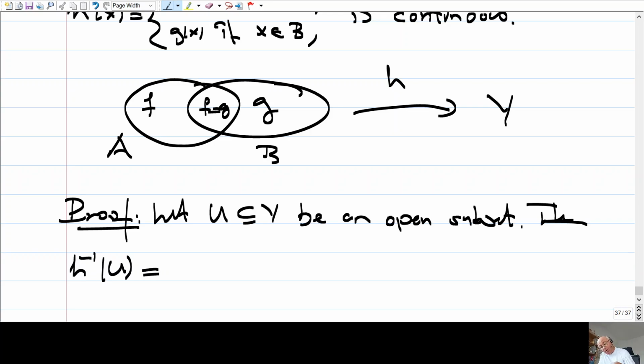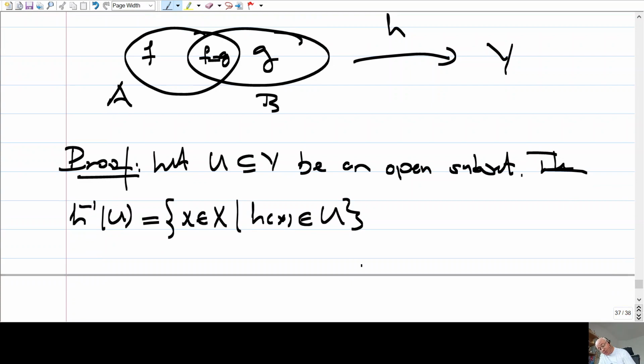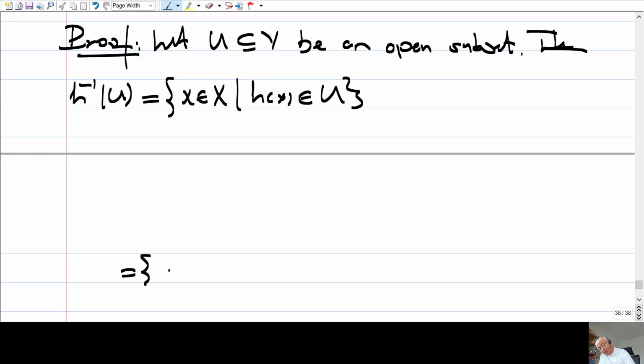Well, this is the set of all x in X such that h of x is in U, but h is equal to f or g depending on whether x belongs to A or not.